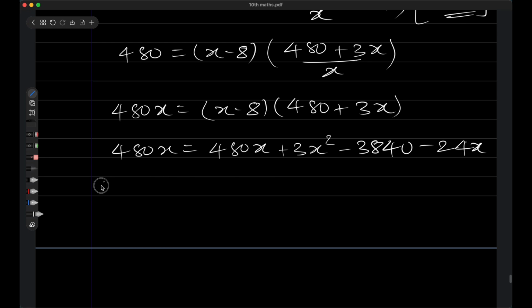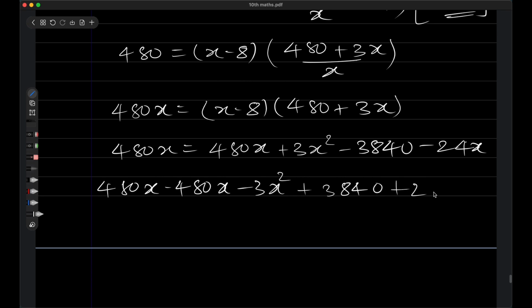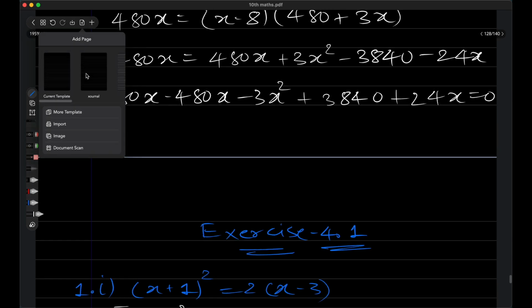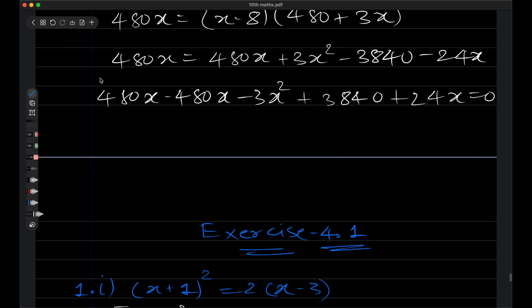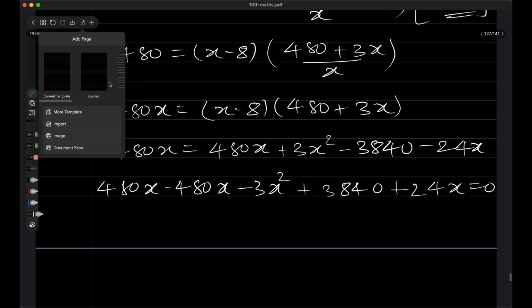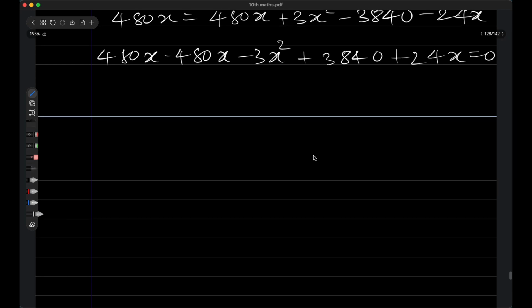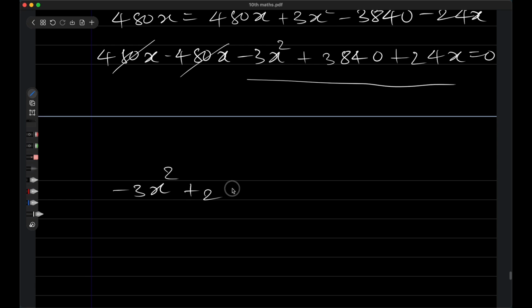Take everything on one side. We have 480x minus 480x minus 3x square minus 3840 plus 3840 and plus 24x equals 0. 480x will get cancelled. We are left with minus 3x square plus 24x plus 3840 equals 0.